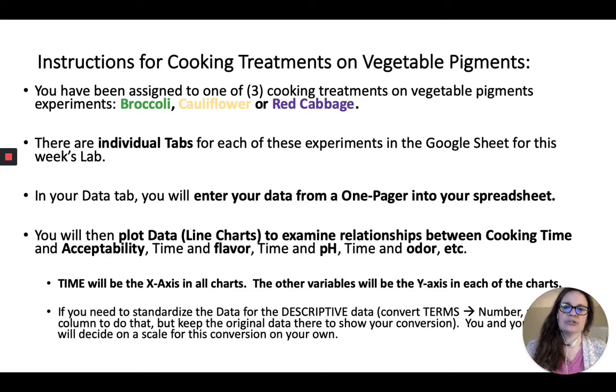Then, with the data that you enter, you're going to plot line charts to examine the relationships between cooking time, so all those times that I just mentioned, either 2 minutes, 3 minutes, 5 minutes, 15 minutes, and acceptability, cooking time and flavor, cooking time and pH, cooking time and odor, etc. Cooking time is going to be the x-axis in all of the charts you make. You're going to make several charts out of the data you enter.